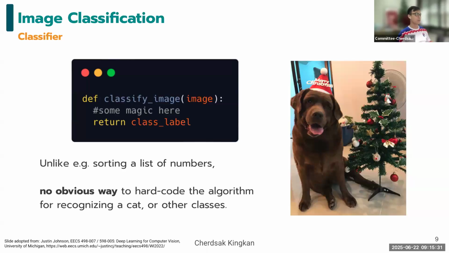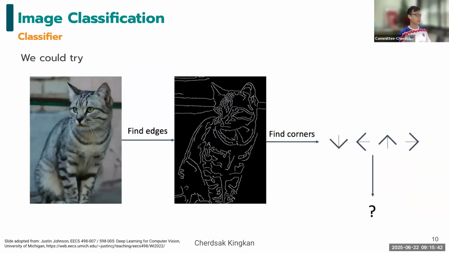So for example, with the traditional computer vision or image processing techniques that we have learned so far, if we have an image of a cat, we would probably try to find the edges, and then after that try to find the corners from the edges.